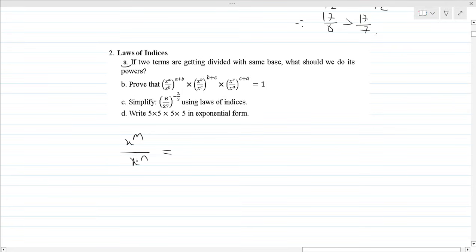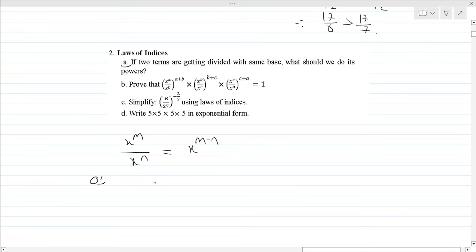As these are divided, the powers will get subtracted, and we can subtract in two ways. The power of the denominator gets subtracted from the power of the numerator.